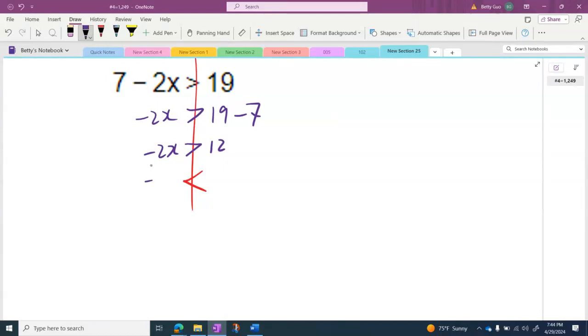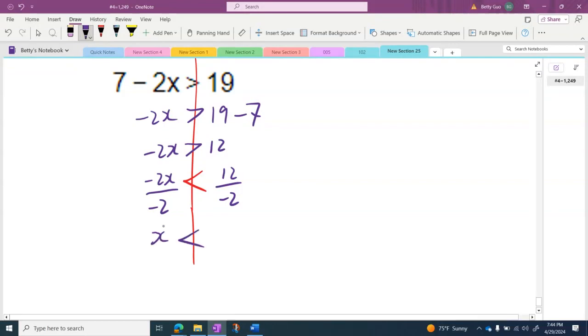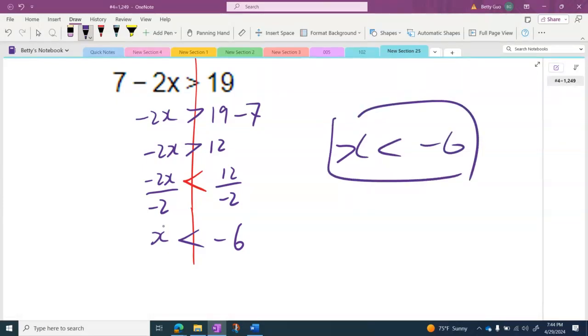So we have -2x over -2 less than 12 over -2. We cancel the -2, and x is isolated on the left side, less than -6. X is less than -6. That's the solution.